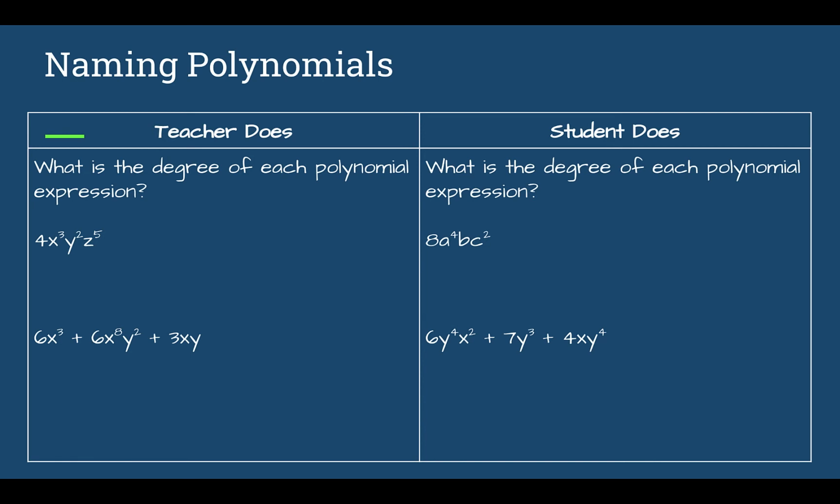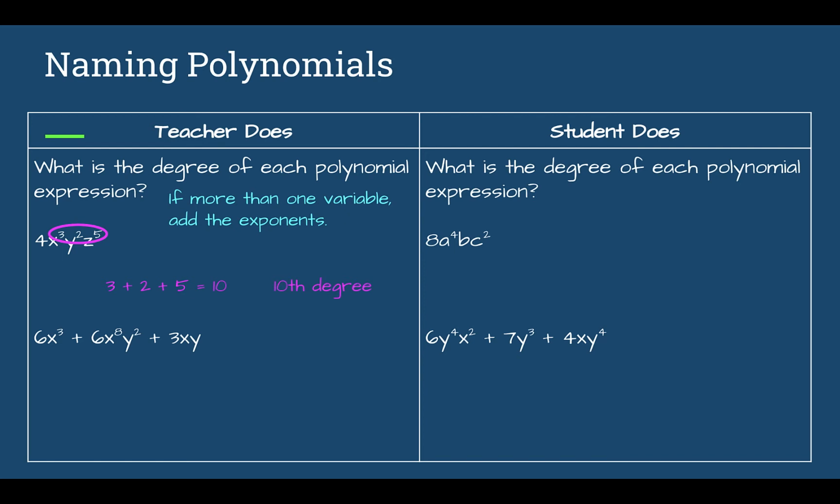So if there's more than one variable, what you're going to do is add the exponents. Now, be careful, you're only adding the things that are connected together. So in the first one, we only have one term. We're going to take all of the exponents from the variables and add them together. So 3 plus 2 plus 5 is 10. So this would be 10th degree.